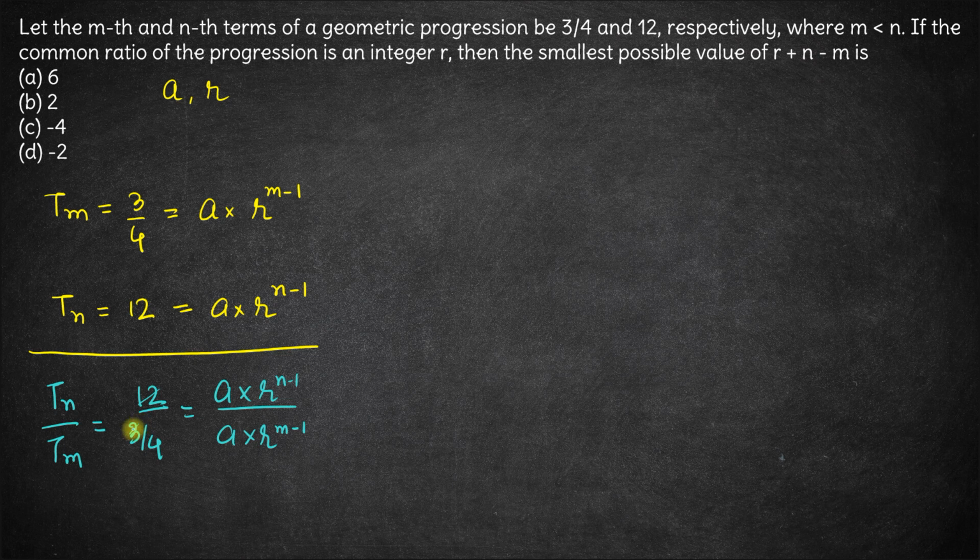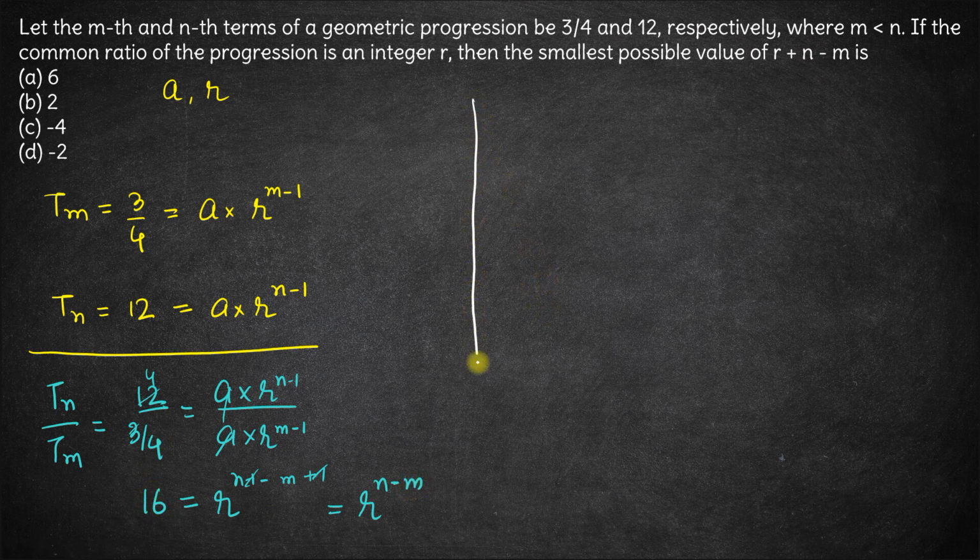So from here we have 12 goes by 3 4 times, 4 into 4 is 16, which comes out to be a and a gets cancelled out, r to the power n minus 1 minus m minus 1. So minus into m and minus of minus 1 will become plus 1. Minus 1 plus 1 cancels out, so we have r to the power n minus m. This is equal to 16.